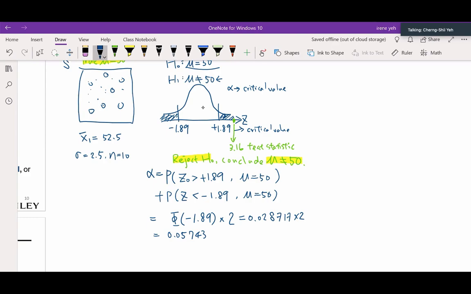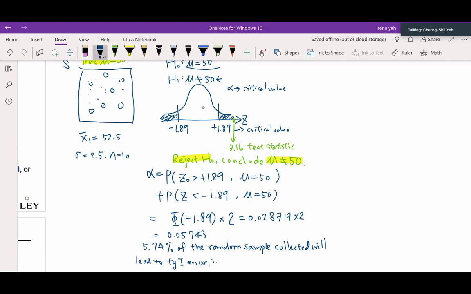So what does this number mean? Alpha is 0.057. This is a probability. Remember, alpha is the probability of making a type 1 error. In other words, 5.74% of the random samples collected will lead to a type 1 error.